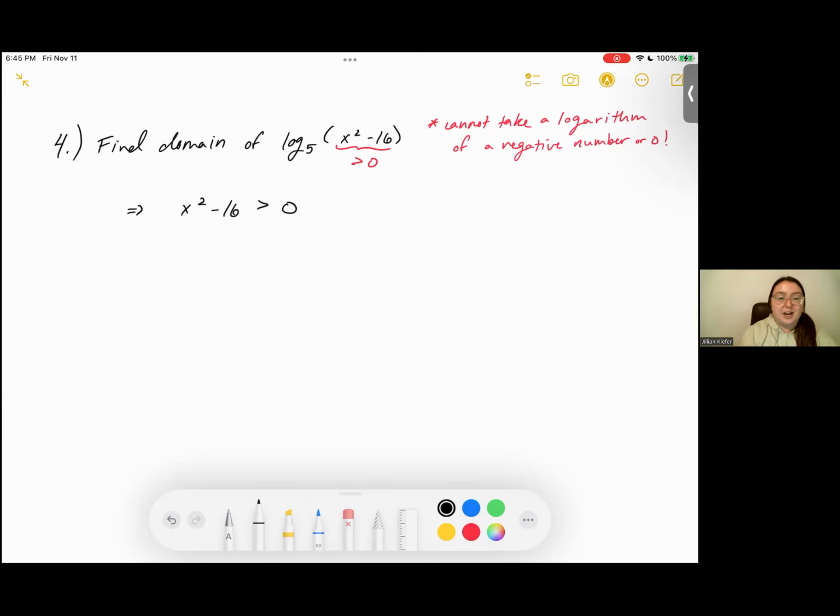But we want to factor, so we have x squared minus 16. This is a difference of squares. So this factors into x plus 4 times x minus 4 greater than 0, which means that our zeros are going to be negative 4 and 4.